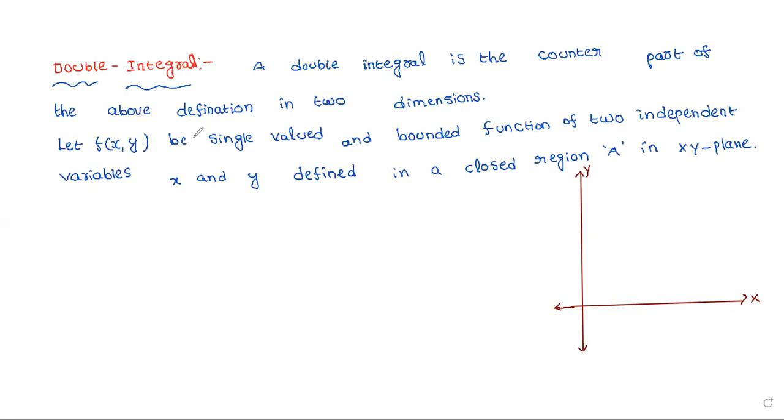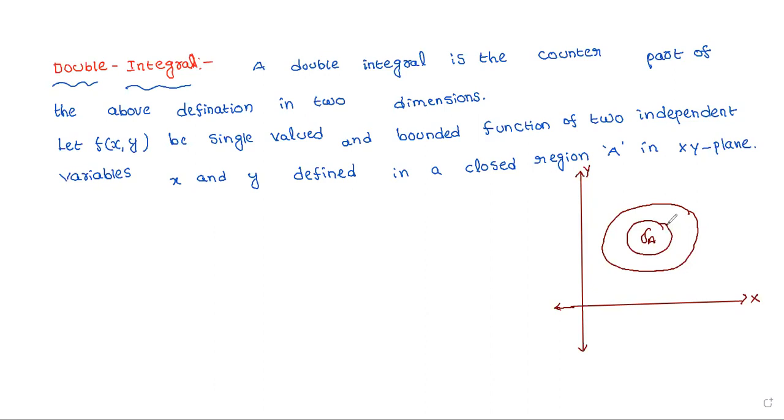A double integration is the counterpart of the above definition in two dimensions. f of x comma y is a single valued and bounded function. This represents the area we consider, and taking the delta A parts, some part.